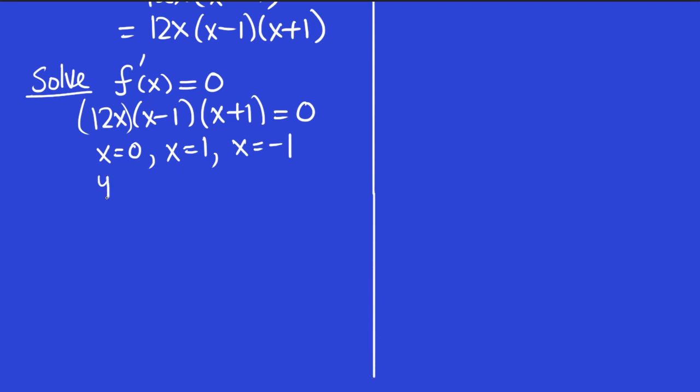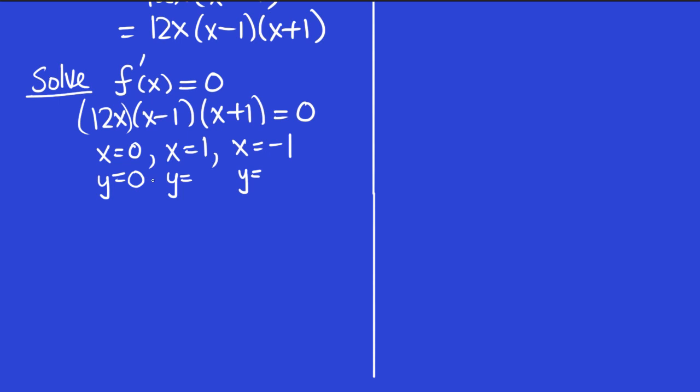Let's also find the y values, okay? It's always good to do that. Now how do I find the y values? Do I put in the derivative or the original function? Well, of course it's going to be the original function, because when I put these three numbers in the derivative, I get 0, right? I'm actually interested in the y values for the original function.